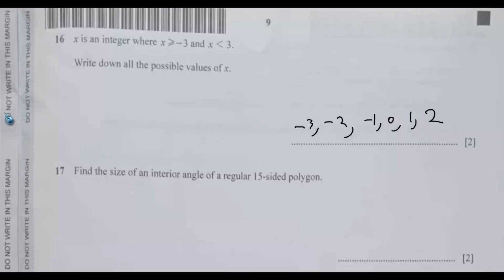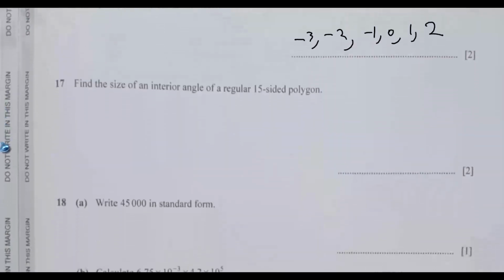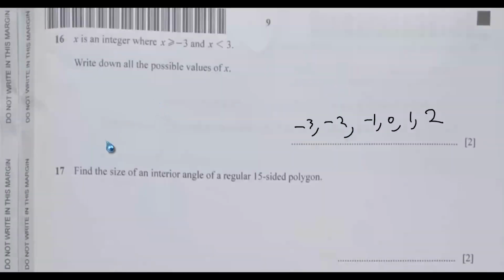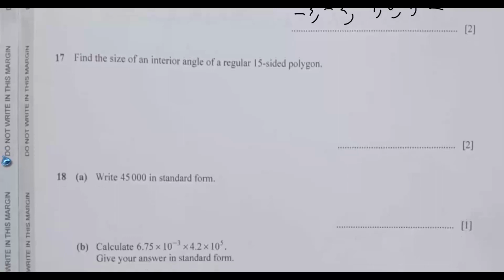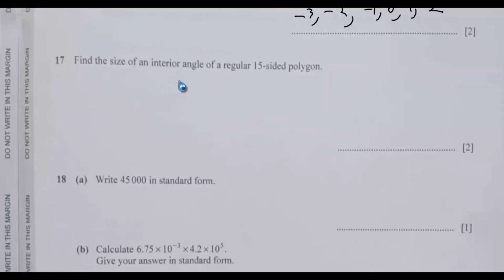Then the next one is question 17. Find the size, sorry, let's scroll up a little bit. Yes. Find the size of an interior angle of a regular 15-sided polygon. Okay. So you know that one exterior angle of any regular polygon is given by the total sum of the exterior angles, which is 360 degrees, divided by the number of sides, that is n.